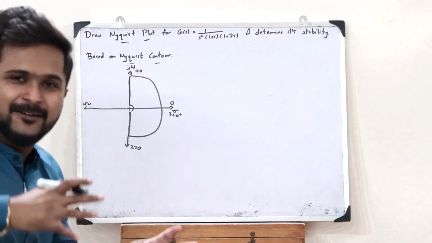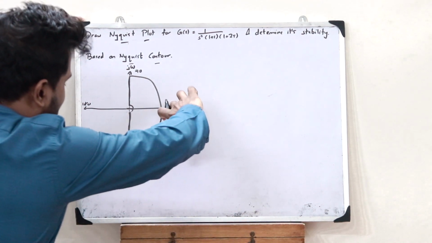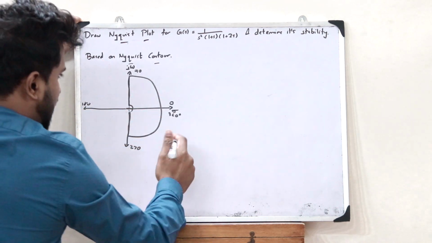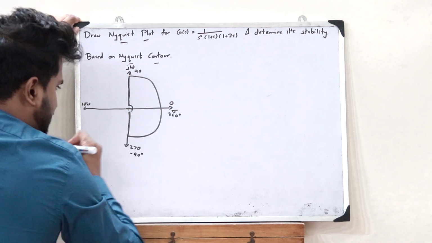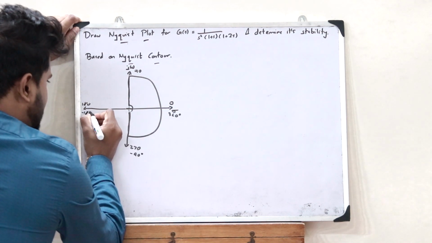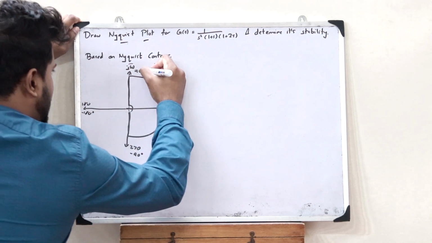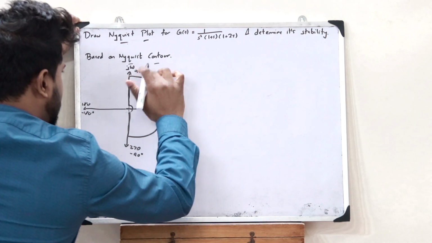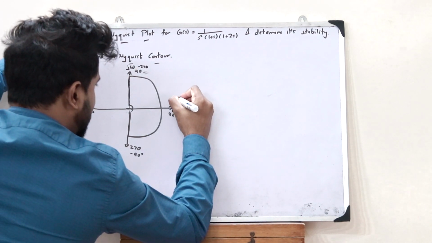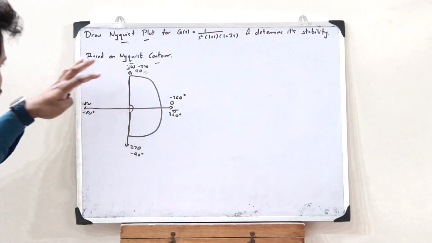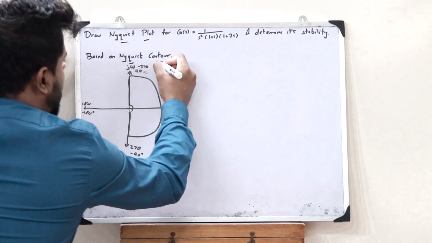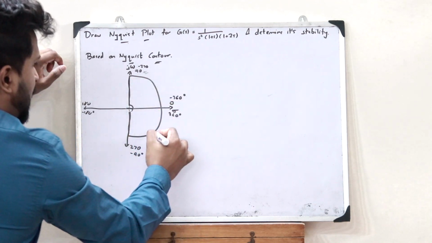But when we consider the clockwise direction, here we would have minus 90 degrees, here minus 180 degrees, here minus 270 degrees, and here minus 360 degrees. So this particular portion is basically what you refer to as a Nyquist contour.